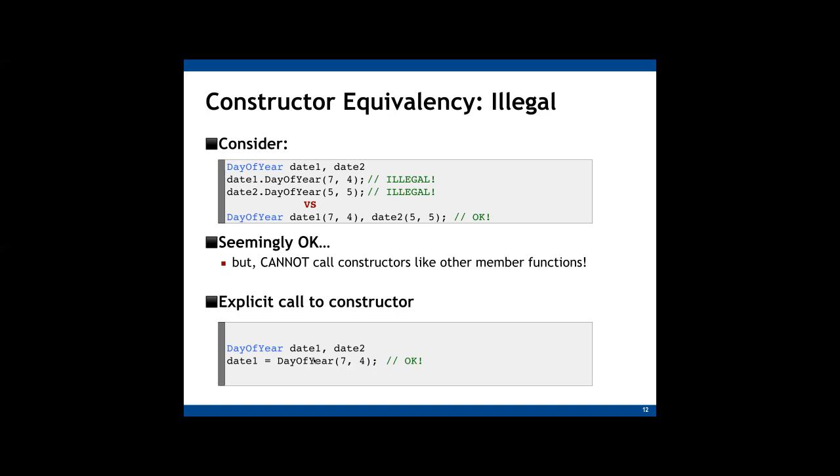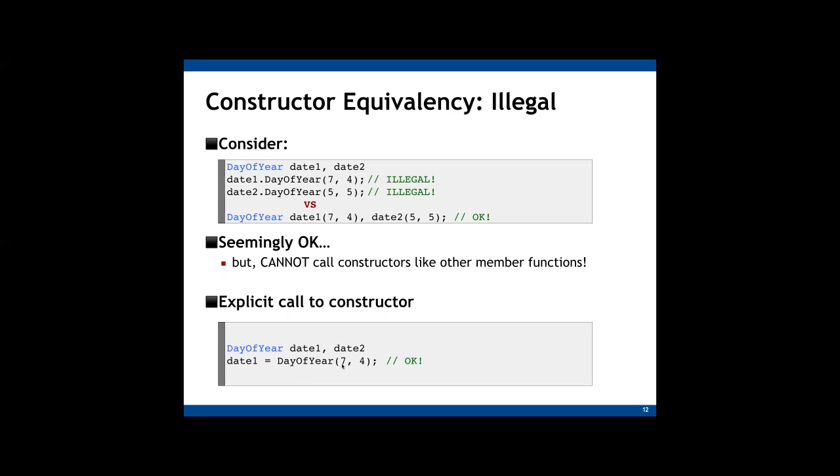This creates an anonymous object by calling the constructor which takes two int arguments. That constructor will use 7 and 4 to initialize the anonymous object and store it into the date1 class variable. So using this form, you can explicitly call the constructor.